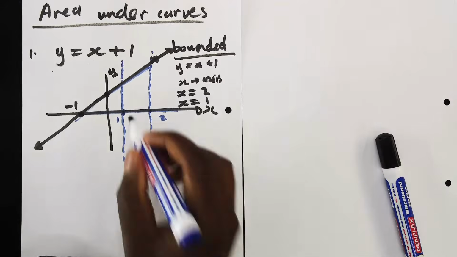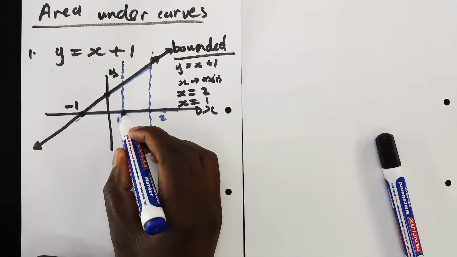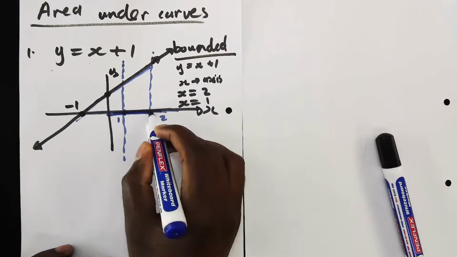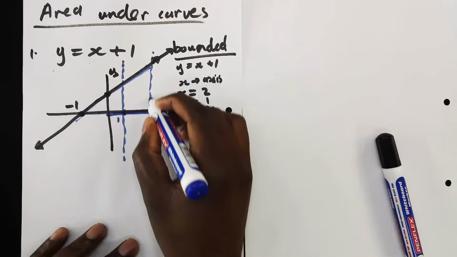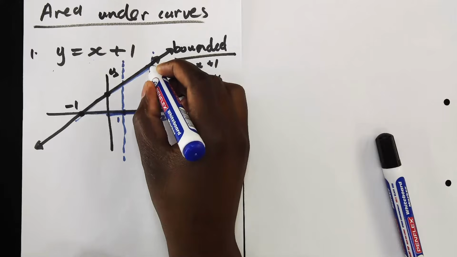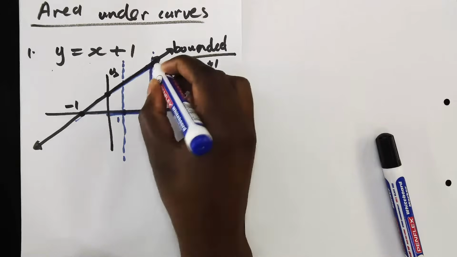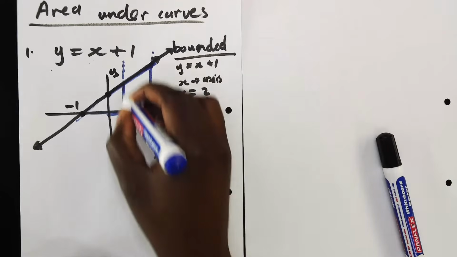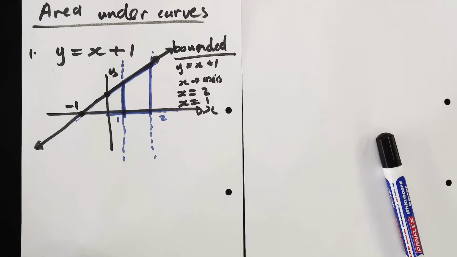So let's interpret. We must shade the area which is bounded by the x-axis, isn't it? By line x equals 2, and by y equals x plus 1, and by line x equals 1.